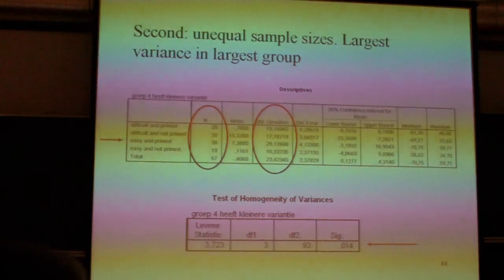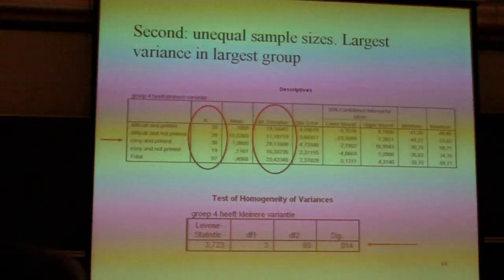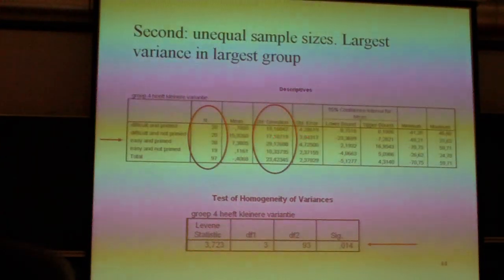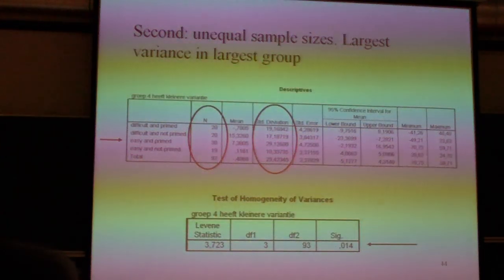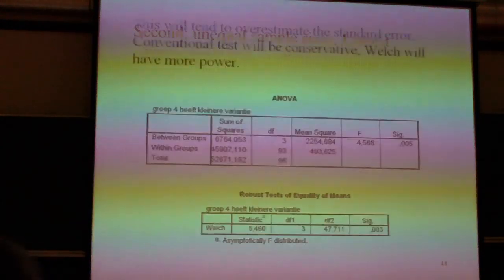So the pooled estimate of the error variance is inflated by the fact that the largest group has a conspicuously large variation, a conspicuously large standard deviation.